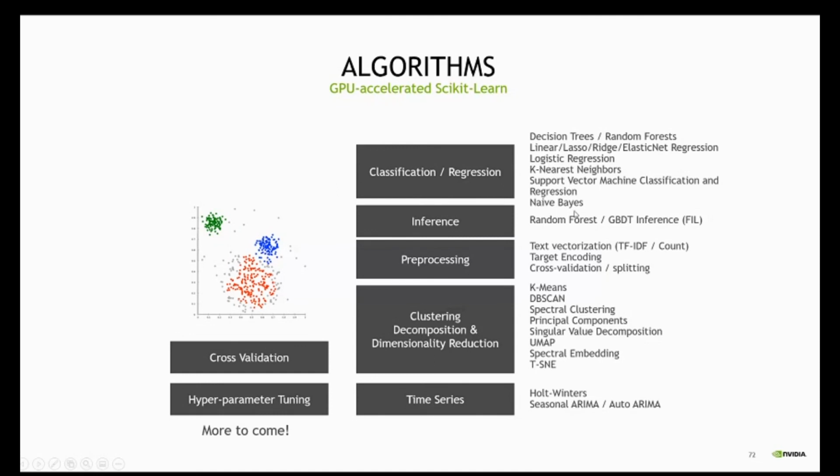Then we also have GPU accelerated pre-processing like text vectorization, TF-IDF, count, target encoding, cross-validation, and a couple of clustering and decomposition algorithms like t-SNE, spectral embedding, k-means, DBSCAN, and so on and so forth. We keep adding more and more algorithms to the cuML stack so that you as a user can use them for any of the machine learning algorithms that you want to use.